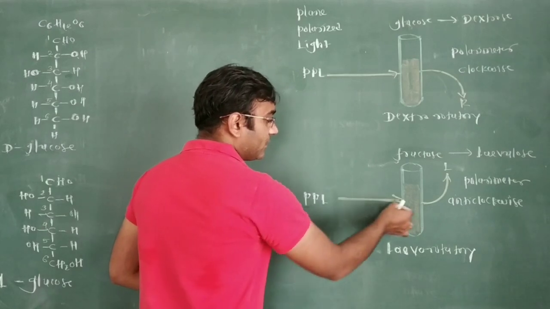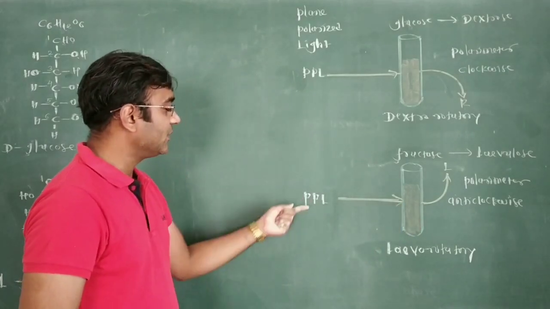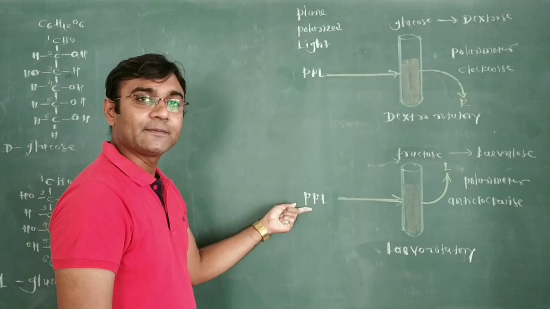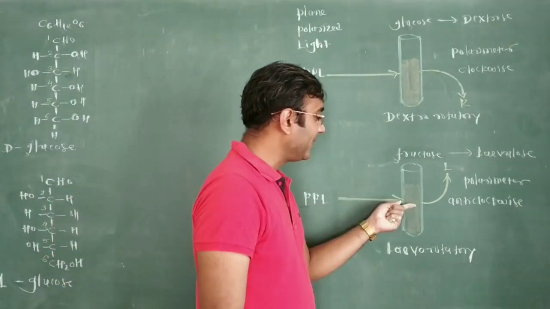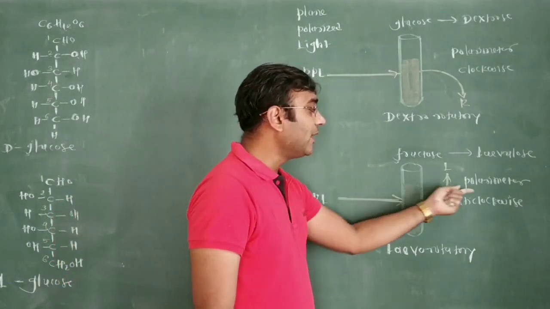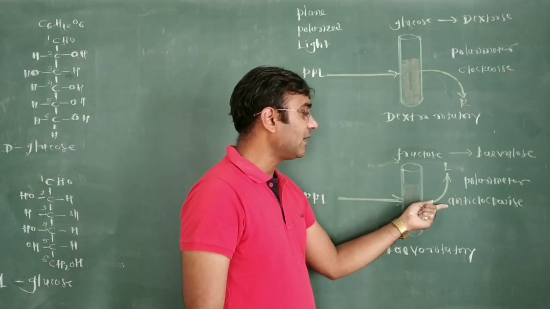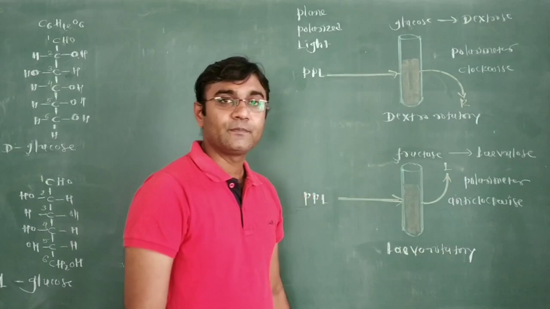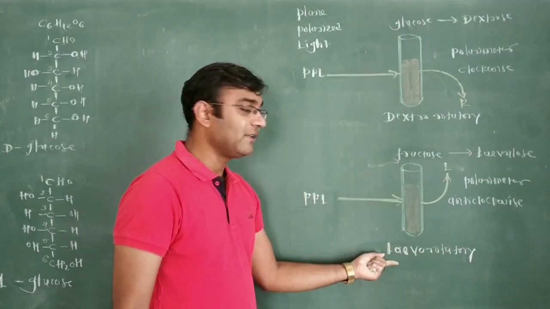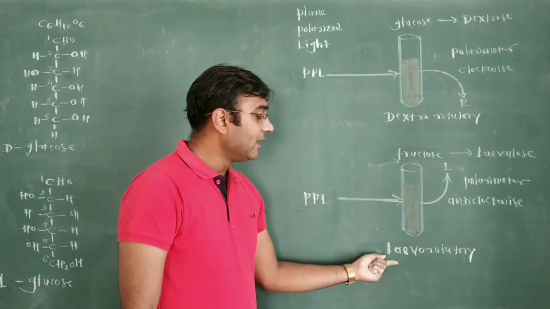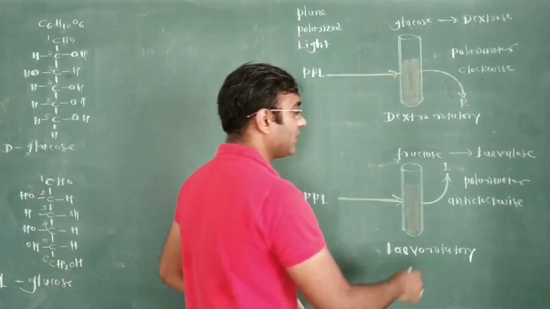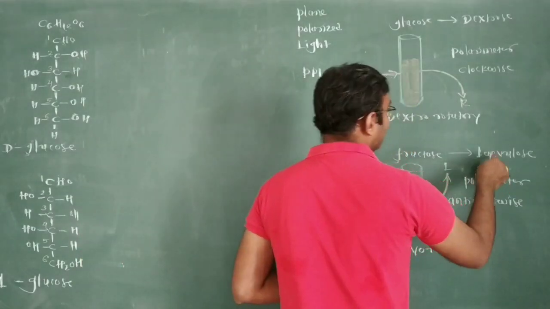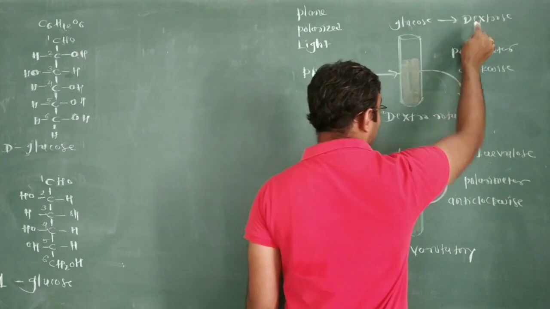Now the second solution, the fructose solution, we pass plane polarized light through. The polarimeter detects that this light bends anti-clockwise, to the left. So the chemical in this solution is levorotatory; levorotatory can be called levulose and dextrorotatory can be called dextrose.